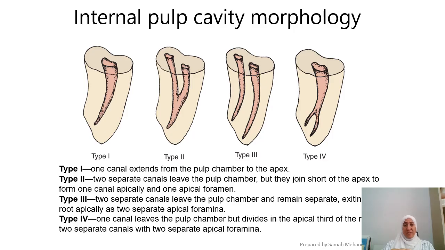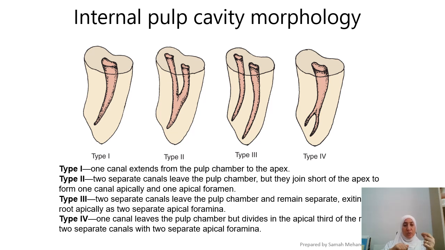The pulp cavity morphology could be classified into several types, as we see in this image. If we have only one root with only one root canal, it is categorized as type 1.